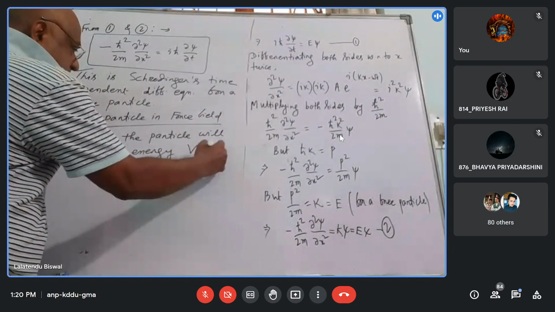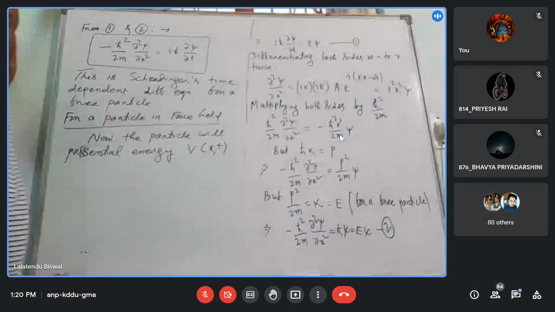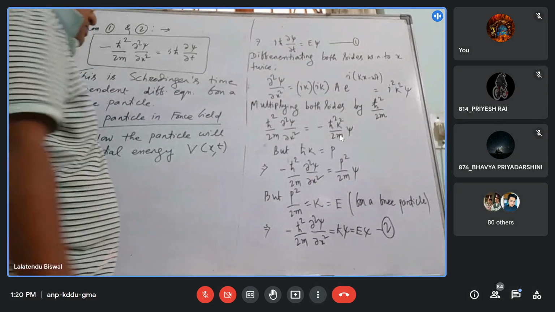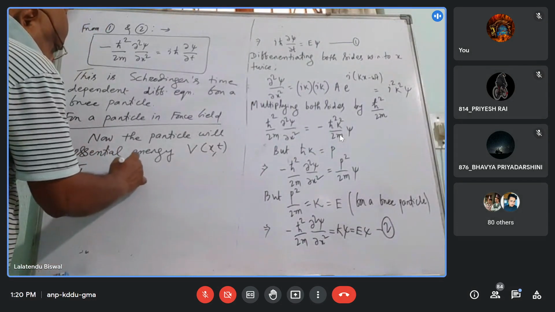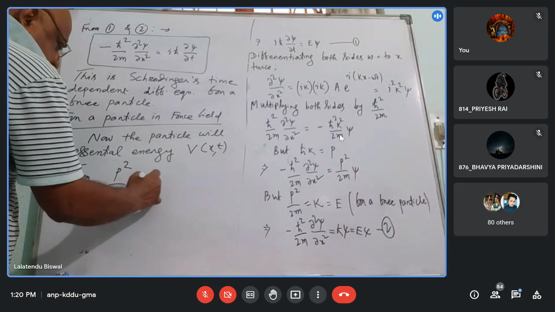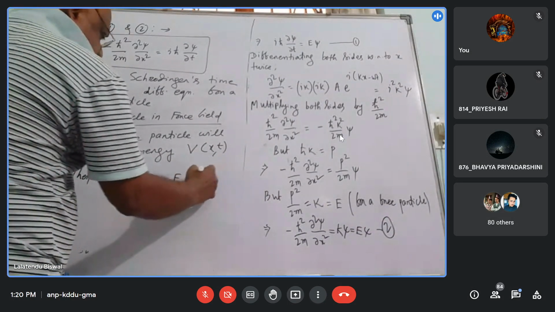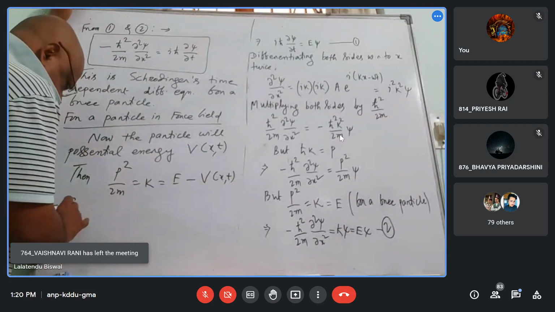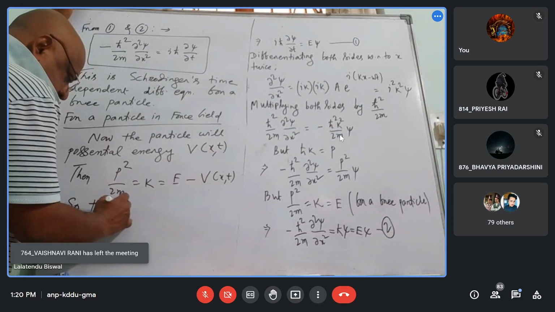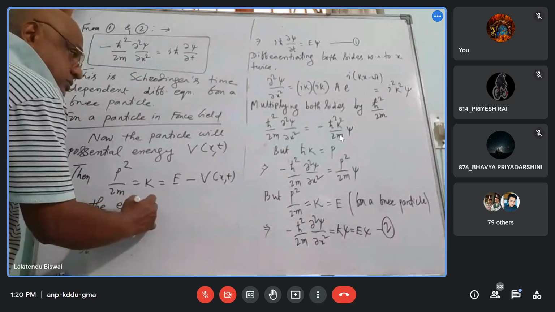And this potential energy also may be a function of position and time. That is a possibility. Then p² by 2m, which is equal to kinetic energy, becomes total energy minus potential energy.